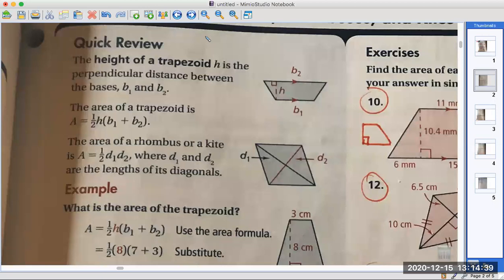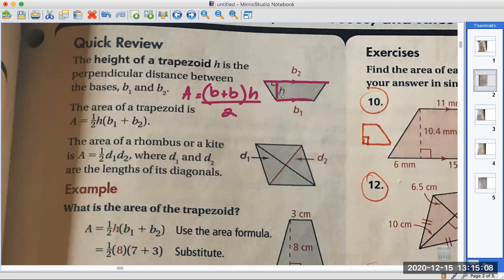So for a trapezoid, you have two bases that are parallel and you need to add those first. I like this formula better. You add the bases, then you multiply by the height, and then you divide your answer by 2. That's how I have shown it to you. This is the same.